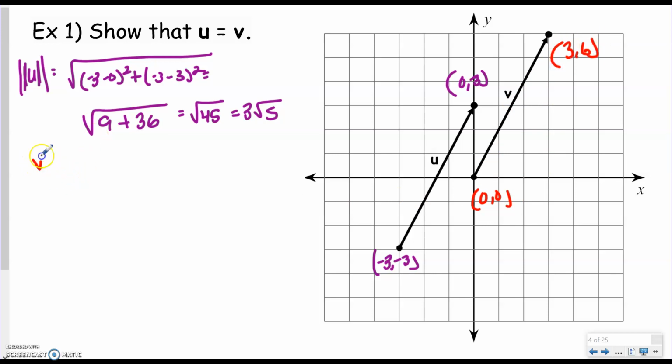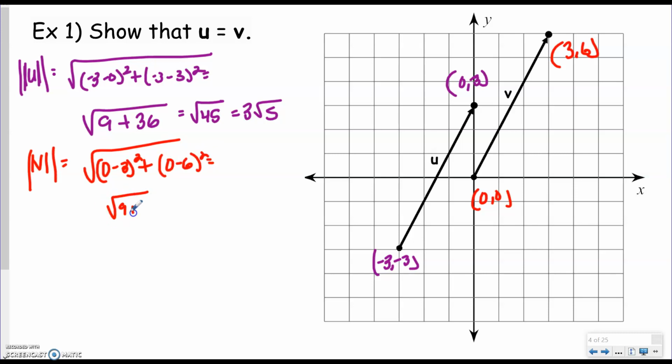So the magnitude of V is the square root of 0 minus 3 squared plus 0 minus 6 quantity squared. And you get the square root of 9 plus 36, which is the square root of 45. Again, this is why I said it doesn't matter if you break it down or not, because once we get the square root of 45 for both, we know that the lengths are the same.